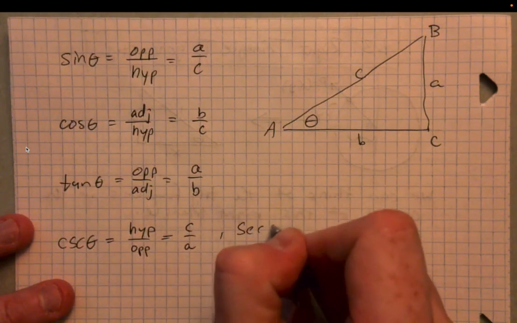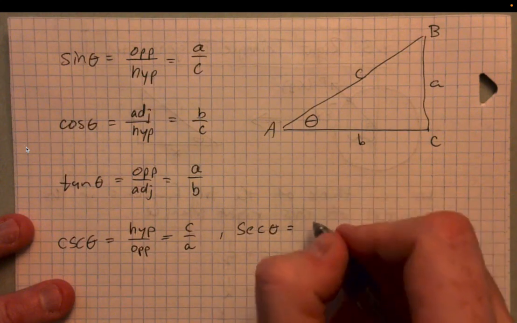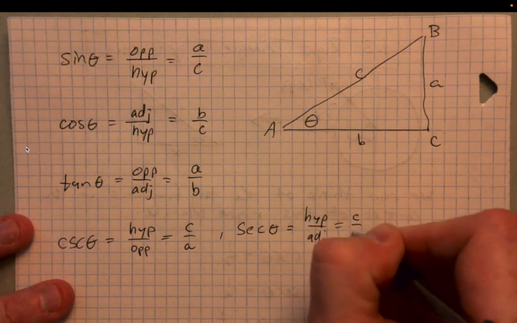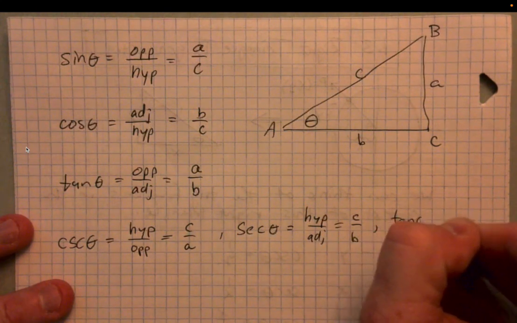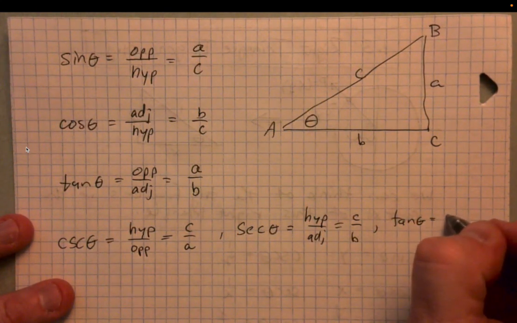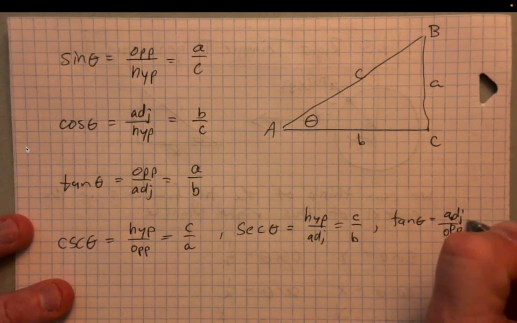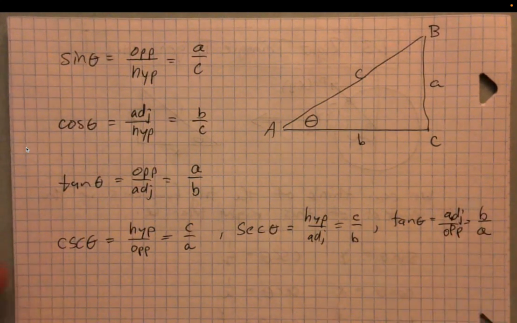The secant of theta is hyp over adjacent, so it's c over b. And the cotangent of theta is adjacent over opposite, and so it's b over a. Right? So that's the definition of the trigonometric functions in the context of right triangles.